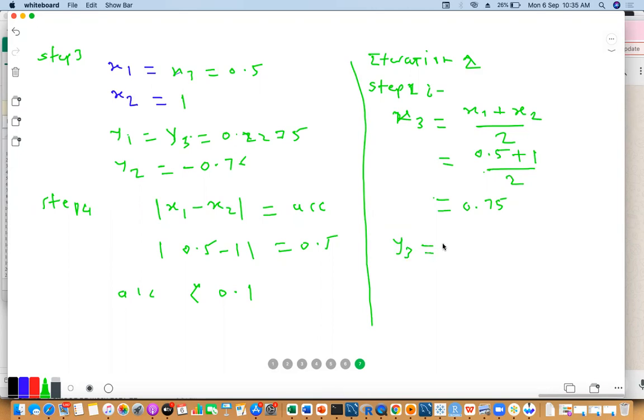y3 is equal to, put the value of x3 in the function f of x3, which is equal to cos of, what is our function? Cos of x minus 1.3 x, right? So cos of x3 minus 1.3 into x3.